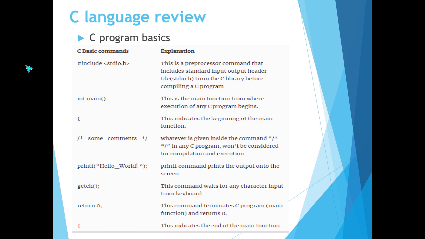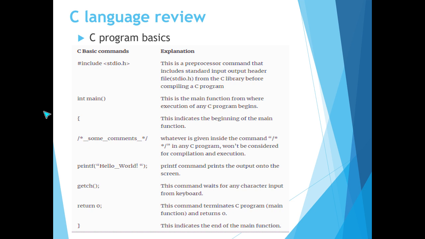Then you learn that each C program starts with the preprocessor, which includes the number sign, then the include term, and after that a header file, which can be related to the C library or AVR header files.